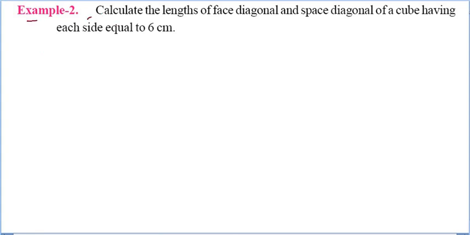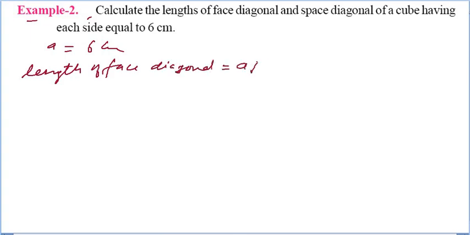Now come to the example 2. Calculate the length of face diagonal and space diagonal of the cube having the side 6. Now A is given as 6 centimeter. First, the length of face diagonal. Length of face diagonal, it is A root 2.